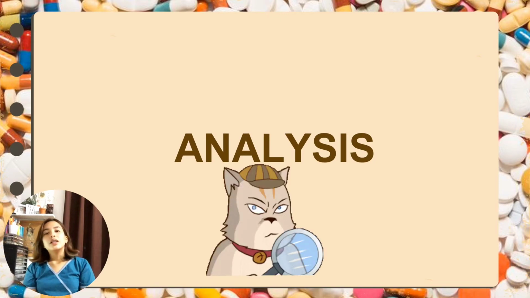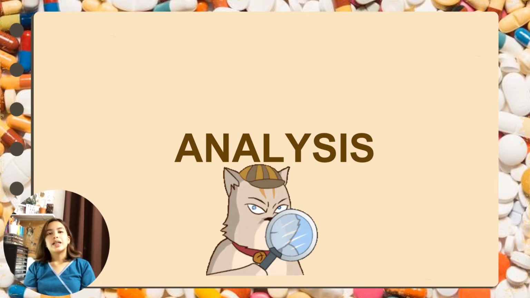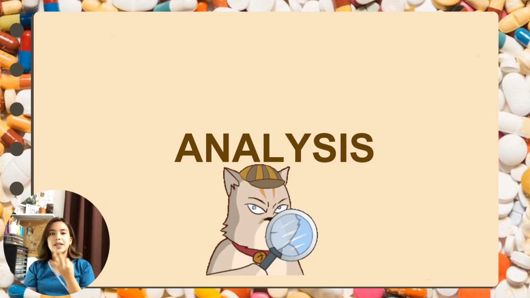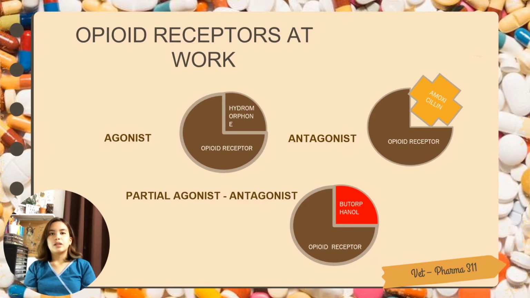So, let's move on to the analysis of those three: the agonist, antagonist, and the partial agonist-antagonist. So we've got a total 100% mu agonist, working on the mu receptors. We have amoxicillin, which isn't even going to combine with the receptors.